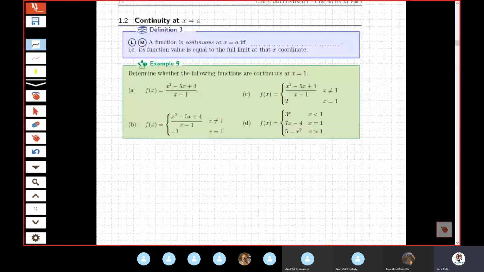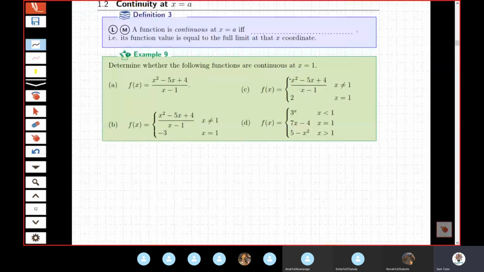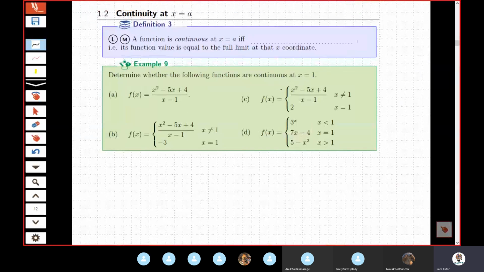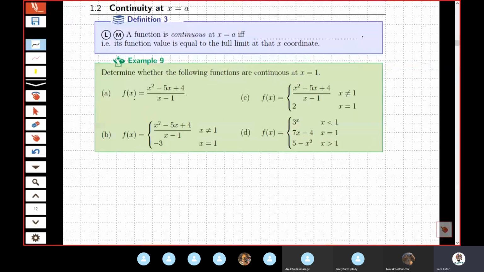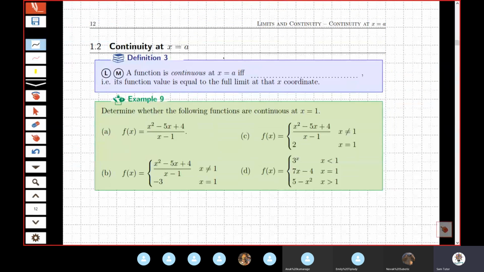Yeah, why not? Determine whether the following functions are continuous at x equals 1. It does not say differentiable. So it can be continuous but not differentiable, or it could be differentiable but, oh no, if it's differentiable it has to be continuous. So let me just make that clear.